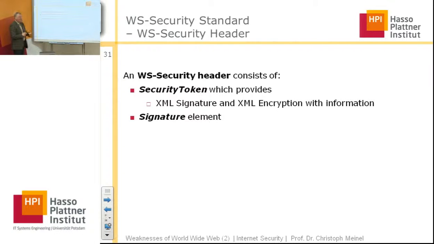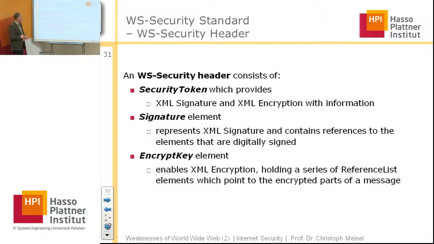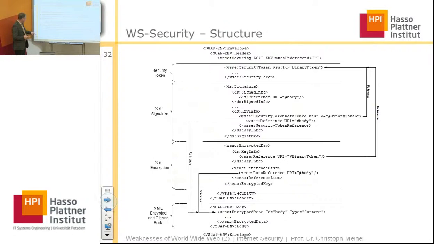The signature element represents the XML signature and contains references to the elements which are digitally signed. It consists of an EncryptedKey element, and this EncryptedKey element enables XML encryption, holding a series of reference list elements which point to the encrypted parts of the message.